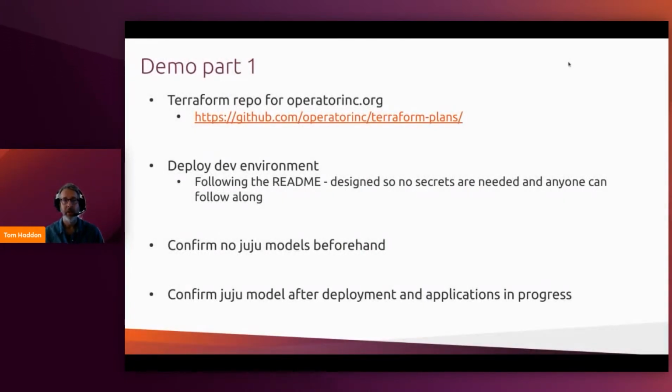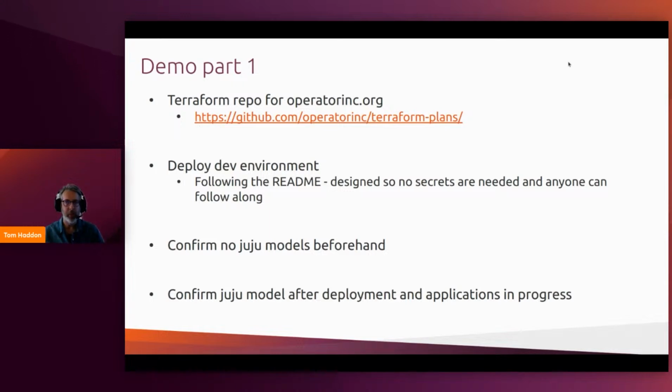Okay, so let's get started with a bit of a demo. What I've done is to prepare a Git repository that has some Terraform plans for operatorinc.org. It's taken the pieces that you've seen in previous presentations, so the application itself, certificates, SSO, and observability.